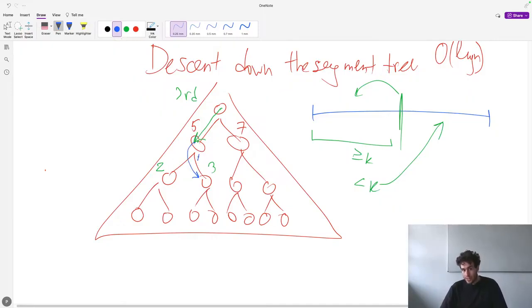And now here I need to find the first one, because 2 are already in the left part. So if I wanted to find the third in general, now I want to find the first one. Now I can just descend this segment tree and find the one I need. This is exactly the same as what you would do with binary search. You're just halving and then finding which half you need to go into.